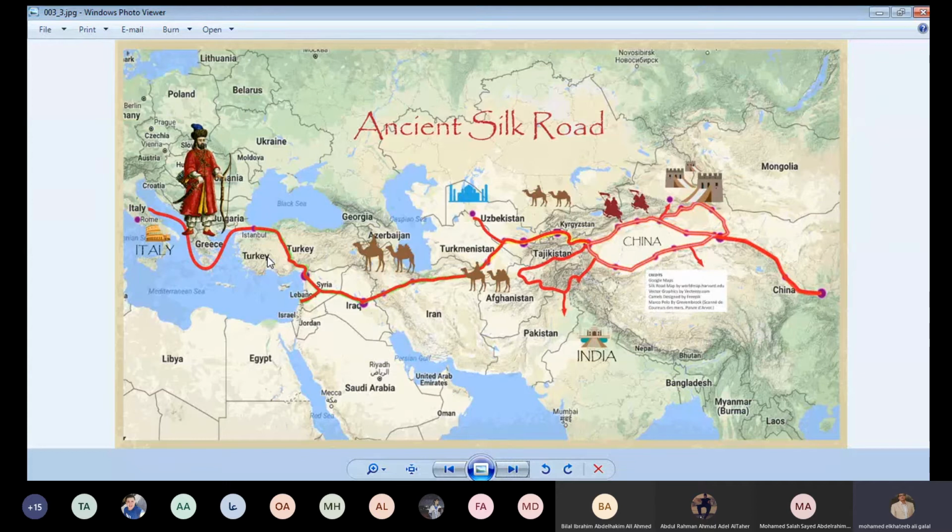And of course, if any other nation will have the courage to discover this route or try to discover it, they will be, first of all, lost, and maybe they will be robbed over there.